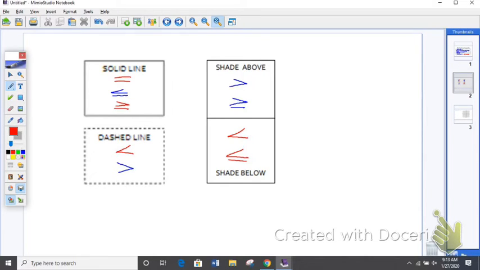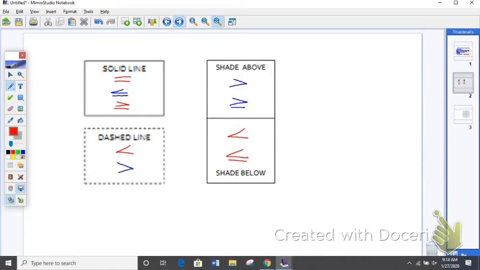So for those two new pieces, we're going to be just looking at that inequality symbol. Okay? The math work that we do is all the same as equations. With the inequalities, that'll help us determine if it's a solid or a dashed line, if we're going to shade above or shade below.